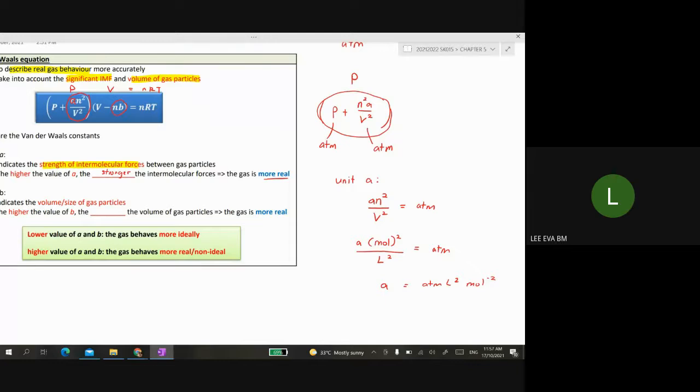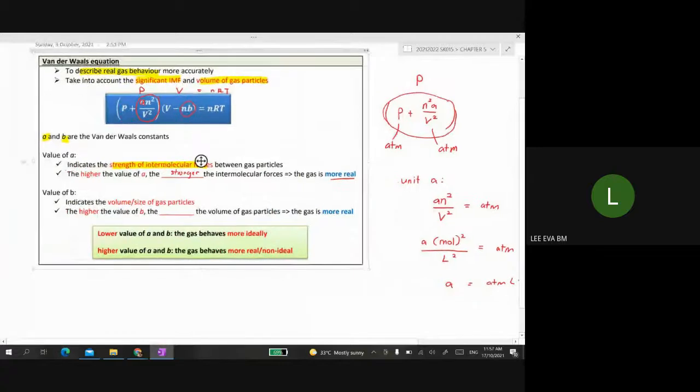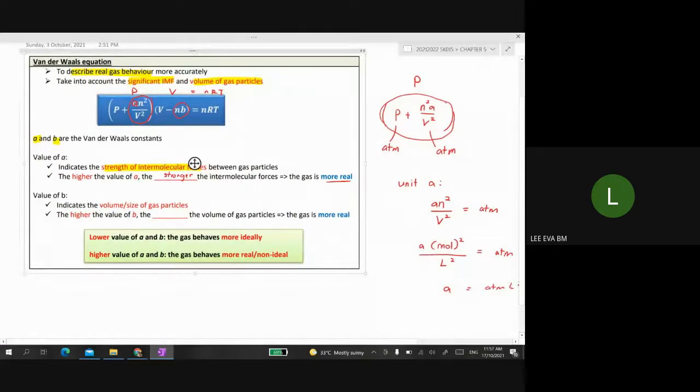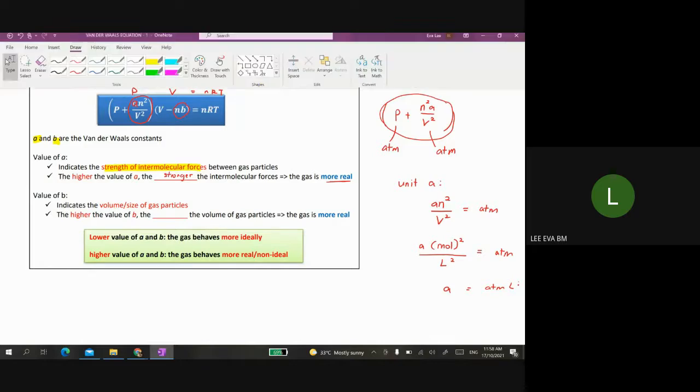So same thing for nB. Later we will check for the unit for the constant B. So let's look at what the function of constant B is in the van der Waals equation. So the value of B indicates the size or the volume of our gas particle. Remember that in a real gas, we have a significant volume of the gas particle.